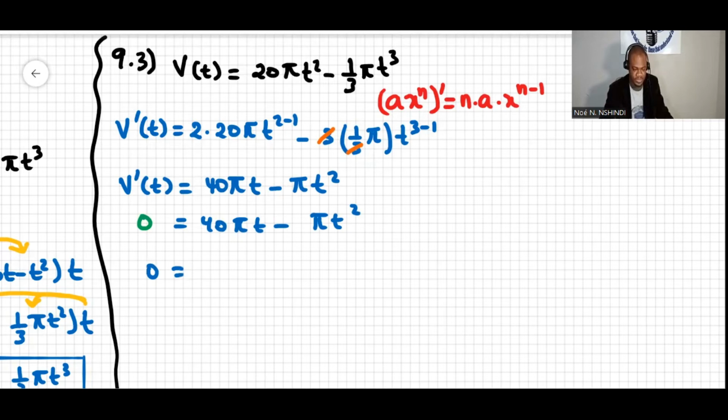We have pi t there and pi t squared there. We can take pi t as a common factor, and in the brackets we'll be left with 40 minus t.